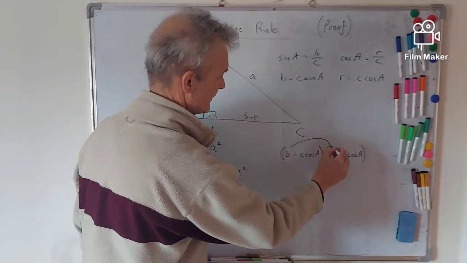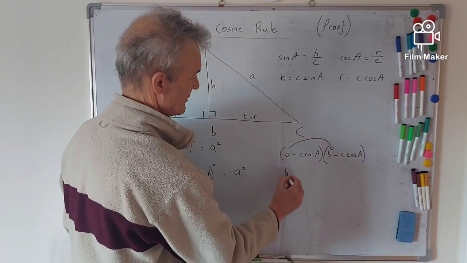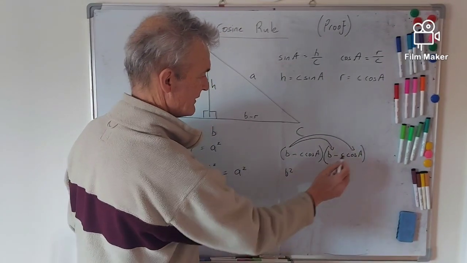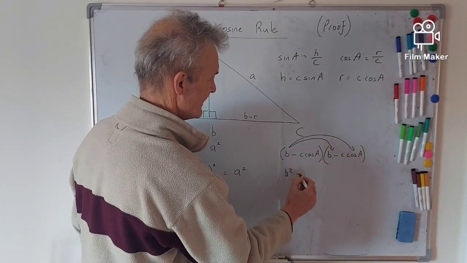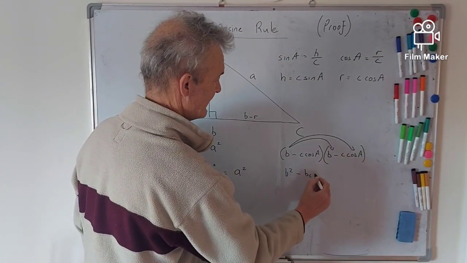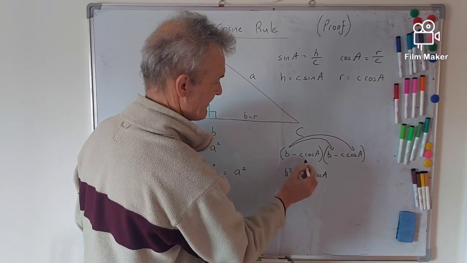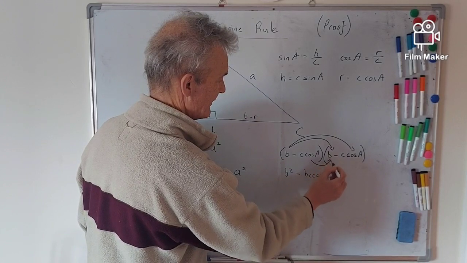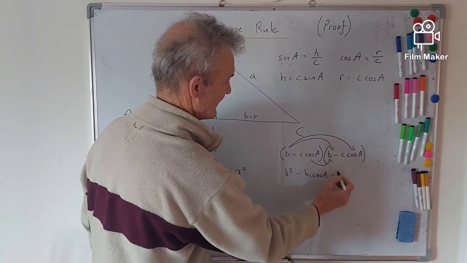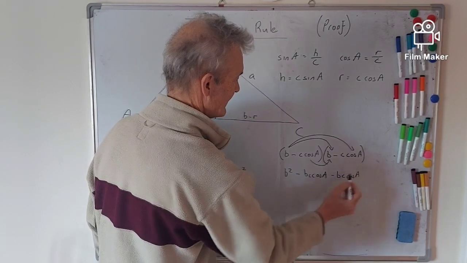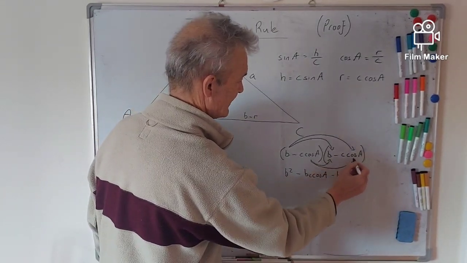Okay, like that. So when we come to multiply it out, we're going to do b times b, which is b squared, then we're going to do b times this, which is going to be minus bc cos A, and then we're going to do this one times this, which is going to be minus bc cos A, and then we're going to do this one times this one.